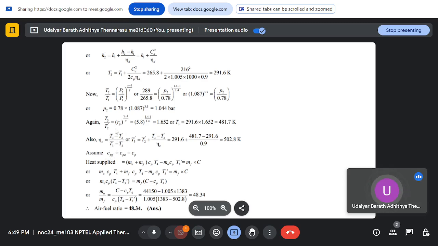This comes from the enthalpy form, so it's actually enthalpy change in ideal divided by enthalpy change in actual. So T3 dash equals T2 dash plus T3 minus T2 dash divided by the compressor efficiency. T2 dash we have found out, which is 291.6, the diffuser outlet, plus T3, which is 481.7, minus 291.6, divided by 0.9, so this becomes 502.8 Kelvin.